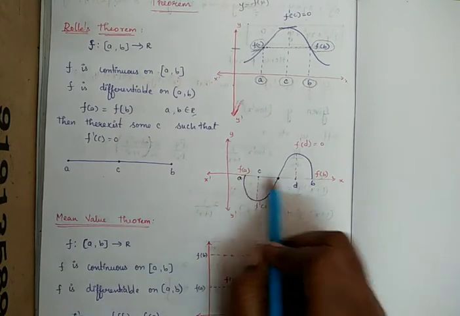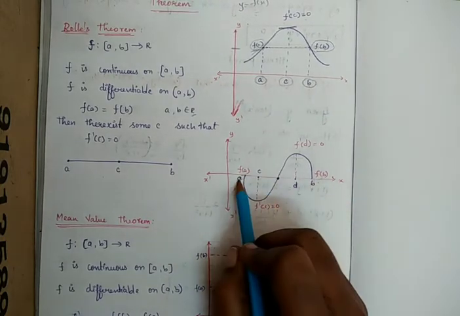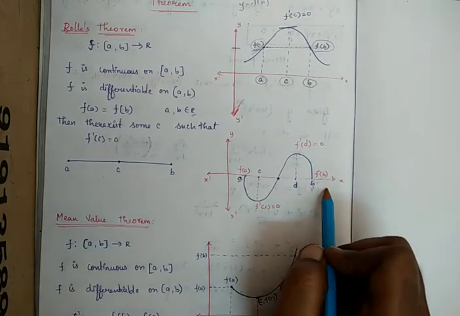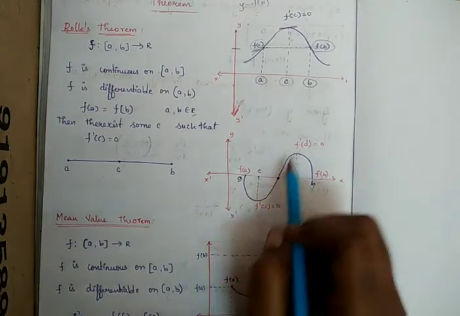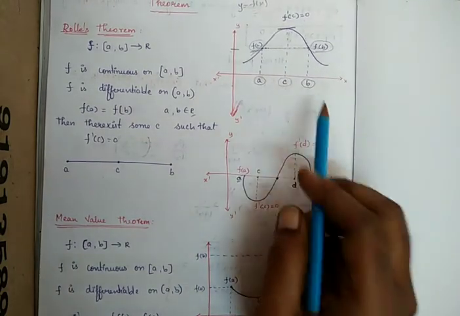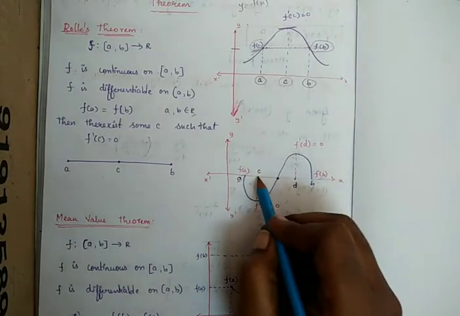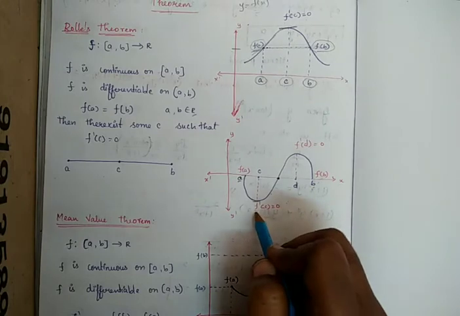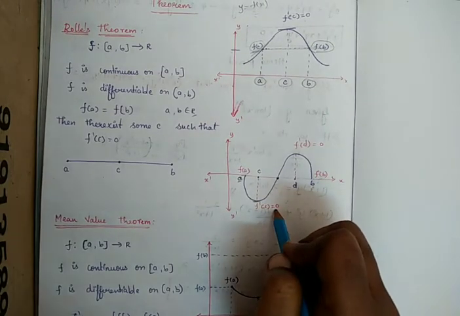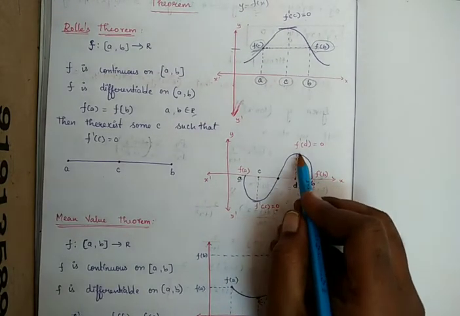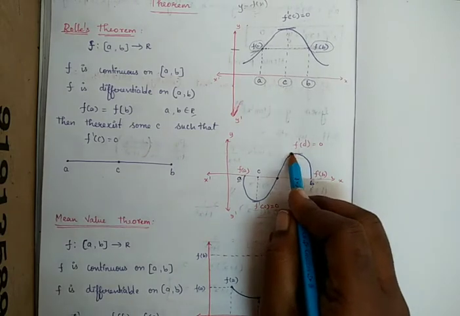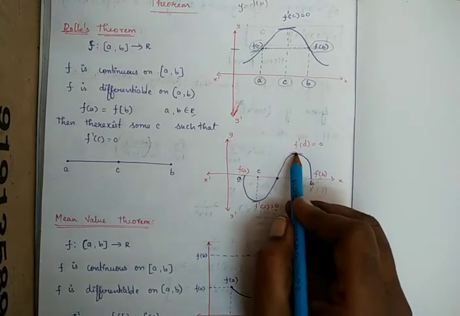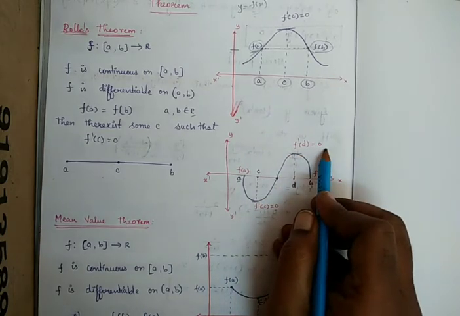The f(a) and f(b) values are equal, and a and b belong to my set R. Here I have two points. One is at the lower side, where I will find the derivative equal to 0. Similarly, on the upper side of the curve I am also getting a point, and there also the derivative value becomes 0.